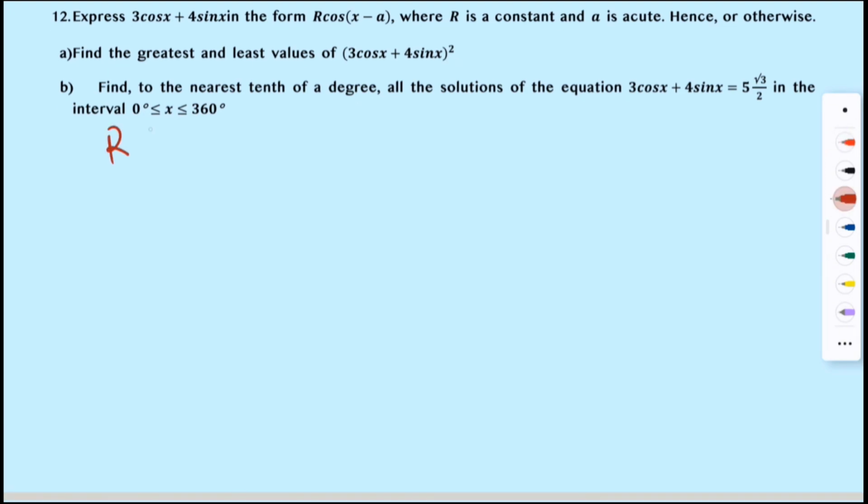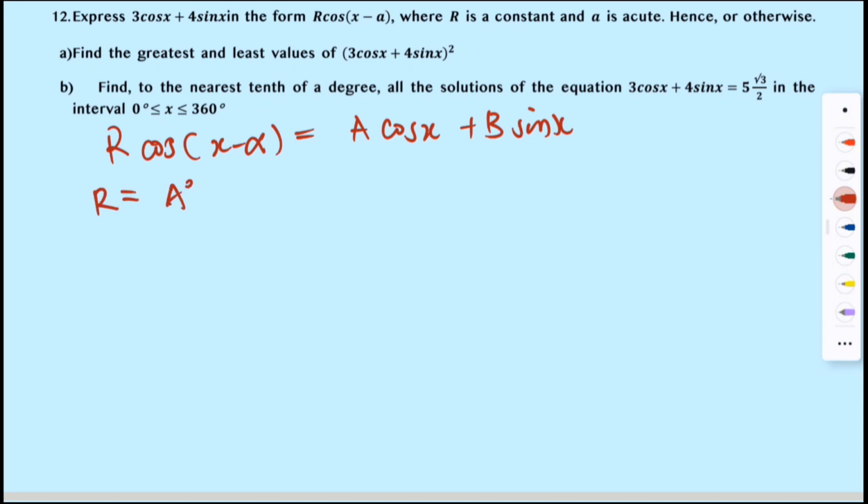You would know that r cos(x minus alpha) should be equal to a cos x plus b sin x. Now, what is r? R here is the square root of the sum of the squares of these terms, all right?